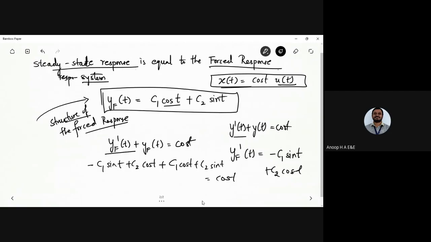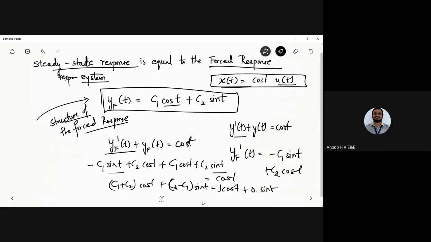Now I can group the terms. It is quite simple now. (C1 + C2) times cos t plus (C2 − C1) times sin t equals cos t plus 0 into sin t. I can write it like this.